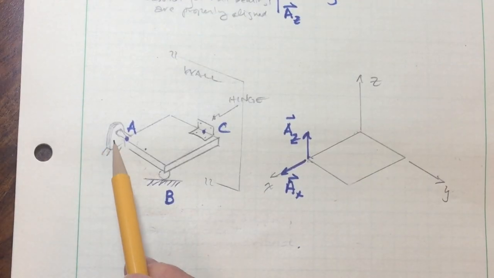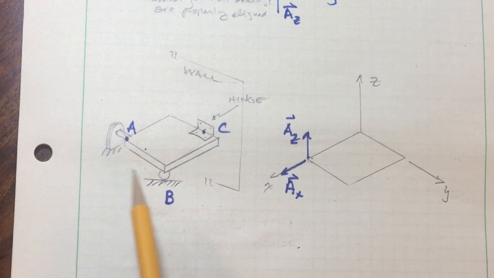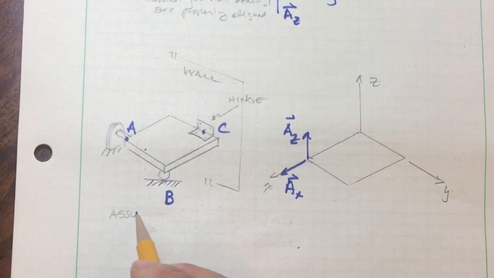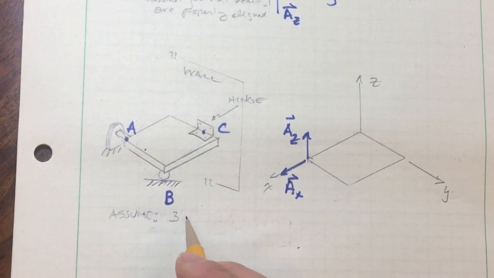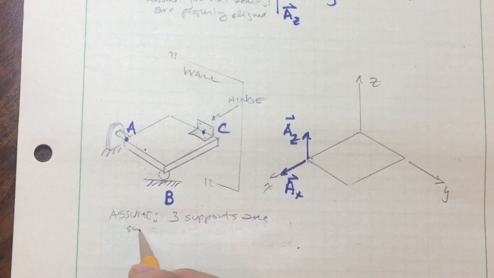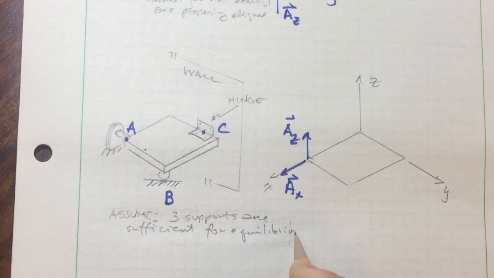There's no reaction moment caused by this single journal bearing. That's because we assume that the three supports are sufficient for equilibrium to exist.